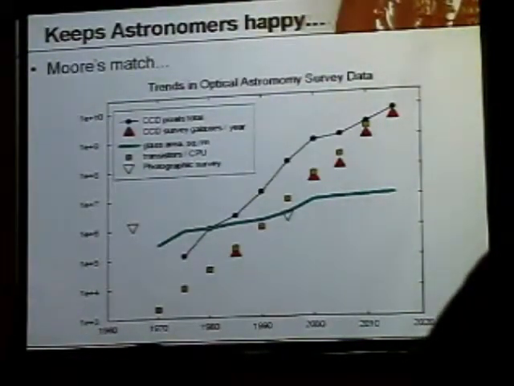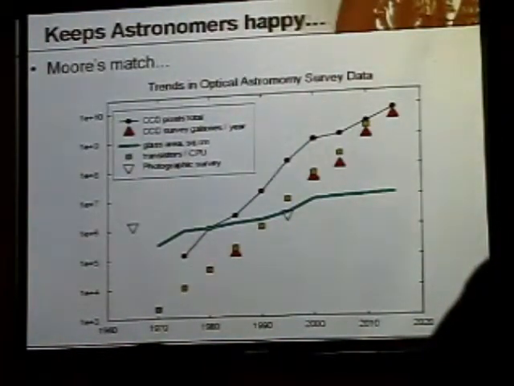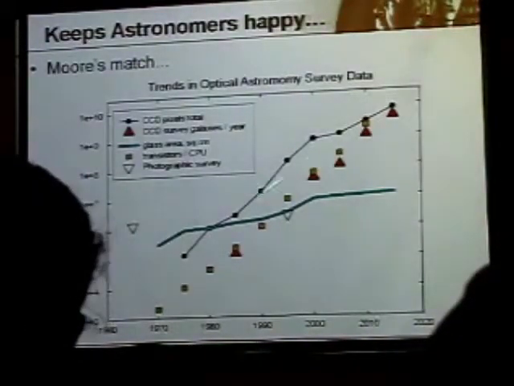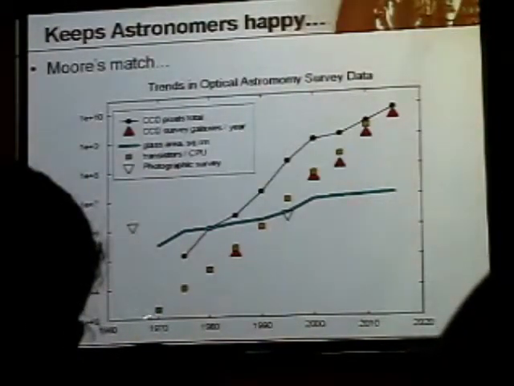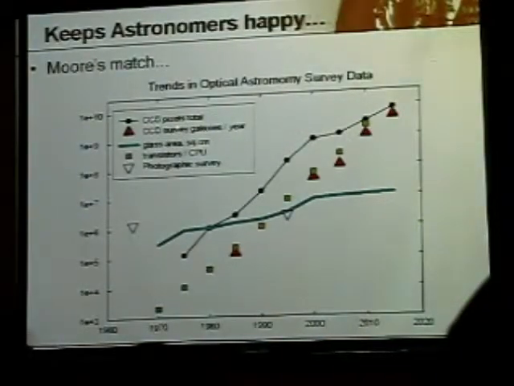You must have heard of Moore's law for computers, the speed of computers and the number of chips on a computer, things like this. So Moore's law, things keep doubling every so many months. The yellow dots are the number of transistors in a CPU. Since 1960s, this is a log scale again, they have been going up steadily. Similarly, CCDs, if you look at the number of pixels you get in a CCD, you must have noticed this, right? A few years back it was a 1 megapixel thing and now you have 3 megapixels and 10 megapixels.